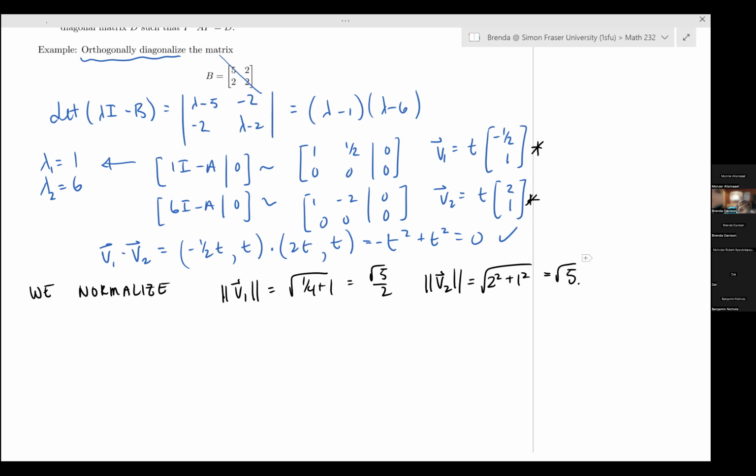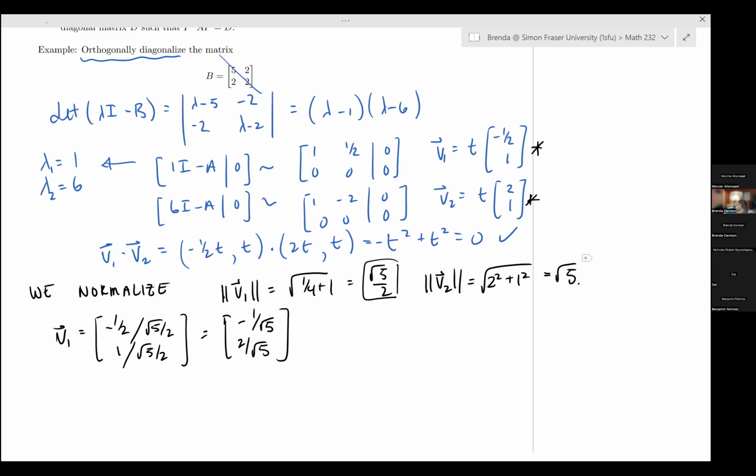Okay, so then I rewrite V1 in this manner here. I divide by this right here. So I'm taking minus 1/2 divided by root 5 over 2, and I'm taking 1 divided by root 5 over 2, like that. And that works out to be minus 1 over root 5 and 2 over root 5.